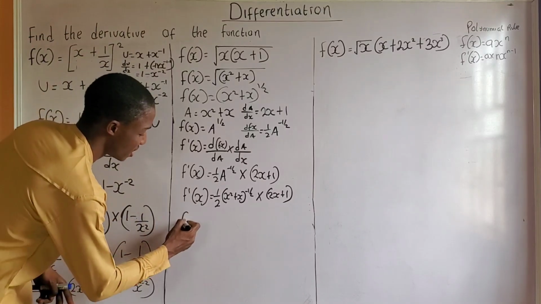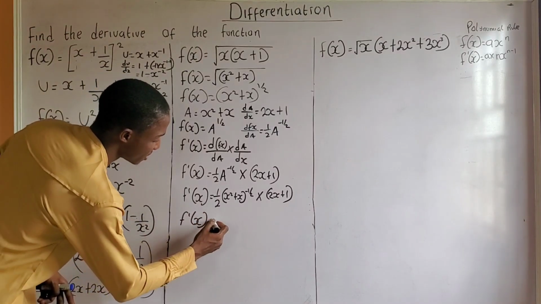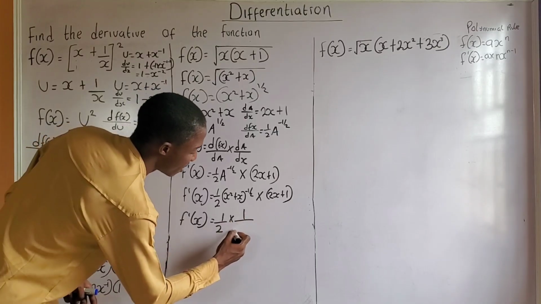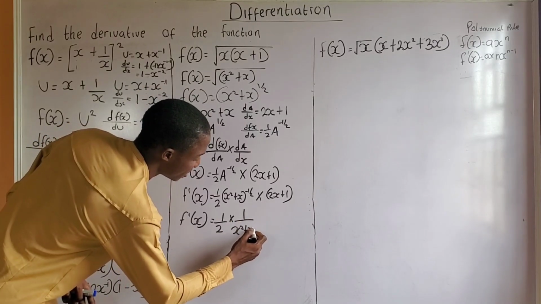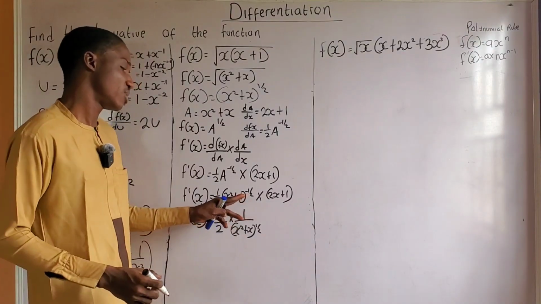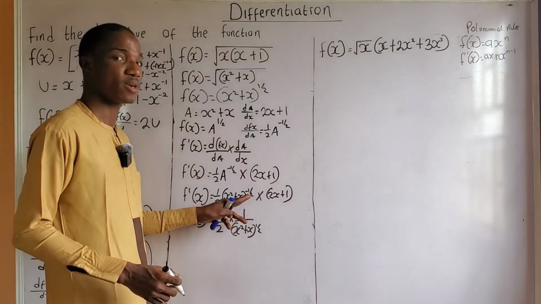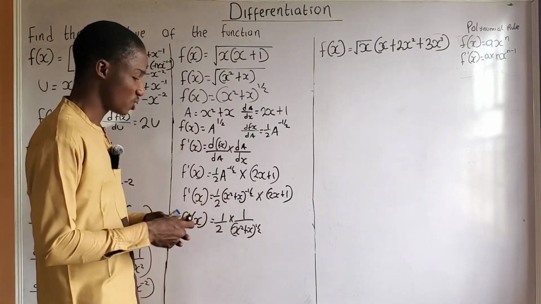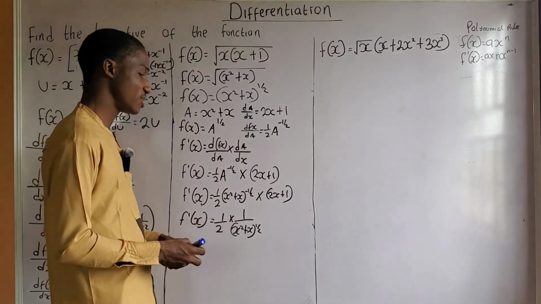Okay. Derivative of f of x is equals to 1 over 2 multiplied by 1 over x squared plus x raised to the power of what? 1 over 2. Do you know? Because this is raised to a negative sign, it's going to be the inverse of what I have here. Do you understand? Okay. So that is law of indices.